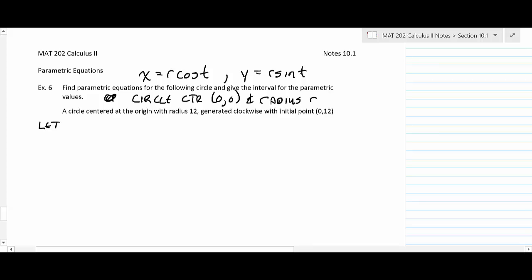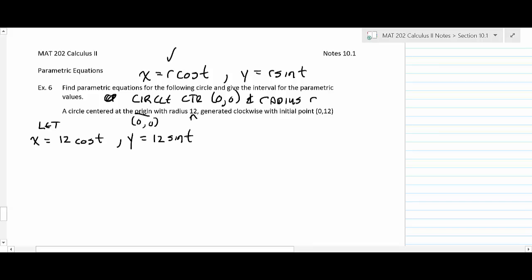So we're going to generate a circle at the origin, meaning 0, 0, with a radius of 12. So we're going to let x be 12 cosine t, and y be 12 sine t. Those are the parameters you're going to use.